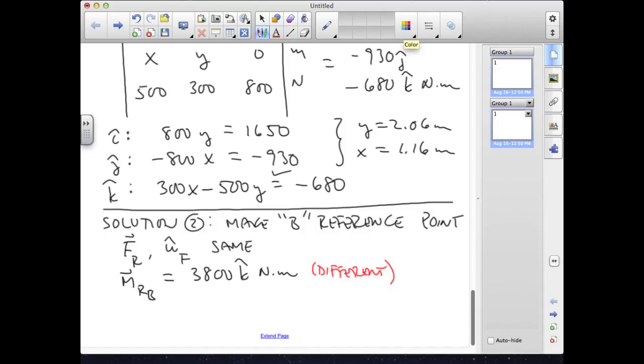But if we go now and find M parallel as the dot product of the unit vector with the resultant moment about B, that is 0.808 times 3,800, and that is also 3070 Newton meters.